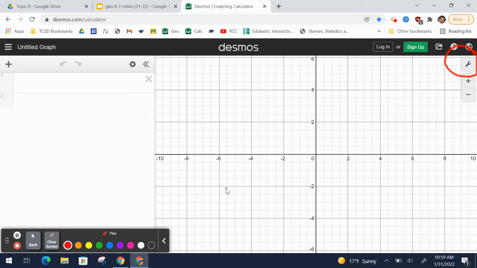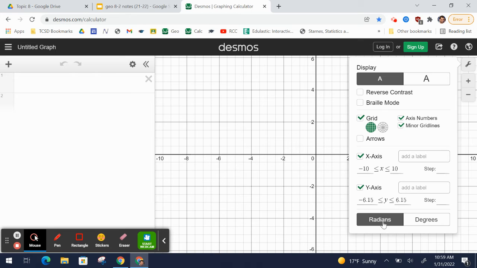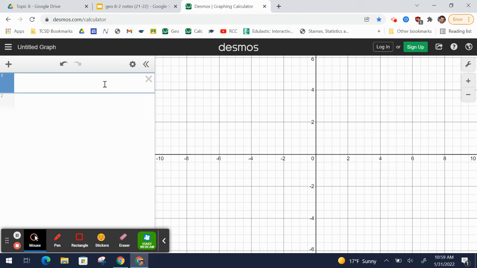You'll do degrees or what are called radians. If you look here in this wrench, notice that radians is darkened. As you get to higher level mathematics, you will do more in radians than you do in degrees, just because of the way we write it in terms of pi. It's just cleaner, I guess. So we have to change this to degrees. Every time you come back to Desmos, you got to do this. Every time. If you don't, you get it wrong.